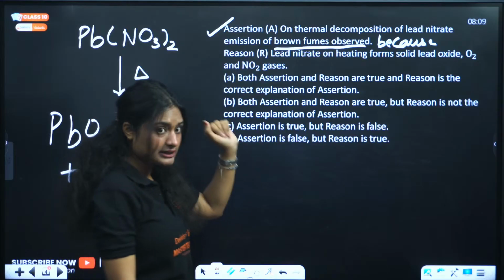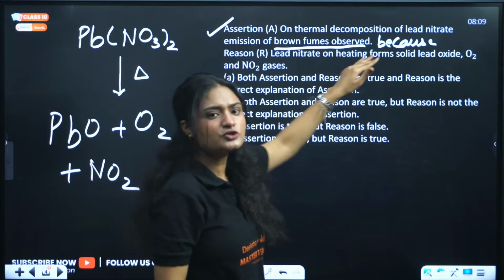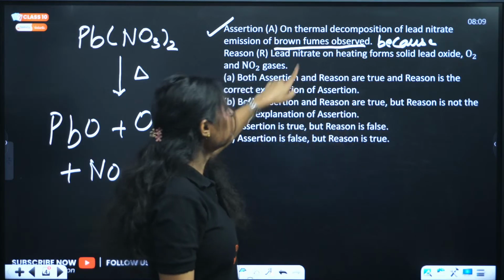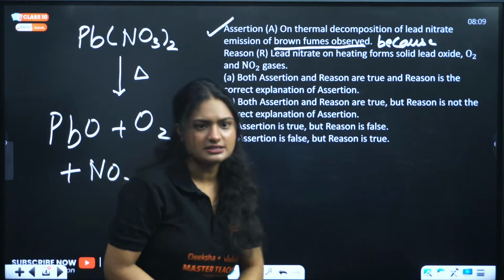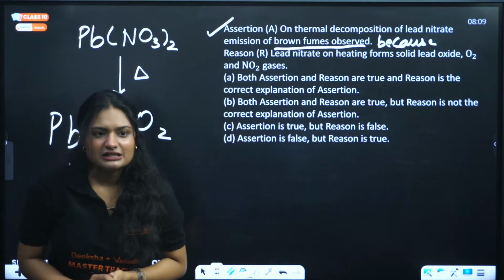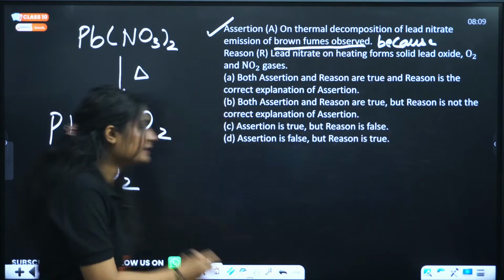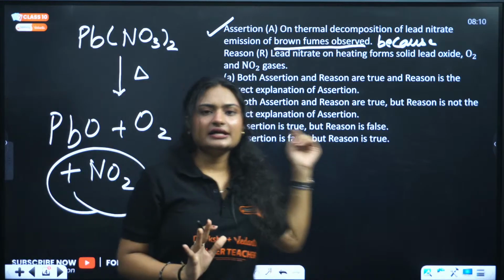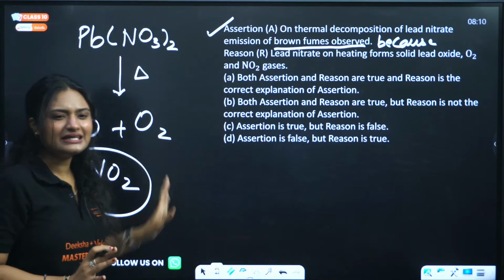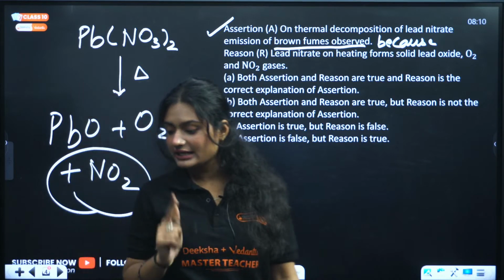For example, in here, on thermal decomposition of lead nitrate, emission of brown fumes is observed because lead nitrate on heating forms solid lead oxide, O2 and NO2 gases. Does it explain something? No. See, the reason brown fumes are observed is because of this nitrogen dioxide only. The rest do not show any color. Clear? So, still you are answering wrong. A is not the correct answer.